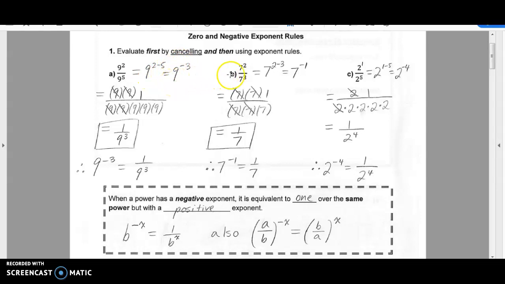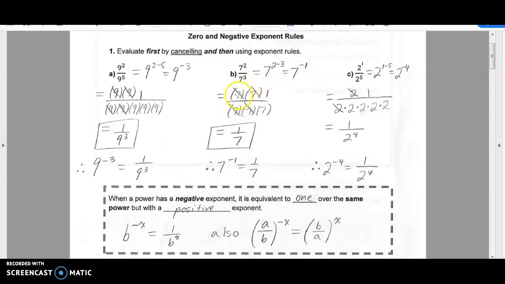All right. Same way if we go to part B here. If we do it using exponent rules, we have 7 squared over 7 cubed. So again, we're dividing. So when we divide with the same base, we subtract the exponents. That's why we have this 2 minus 3 here, which is equivalent to 7 to the power of negative 1.